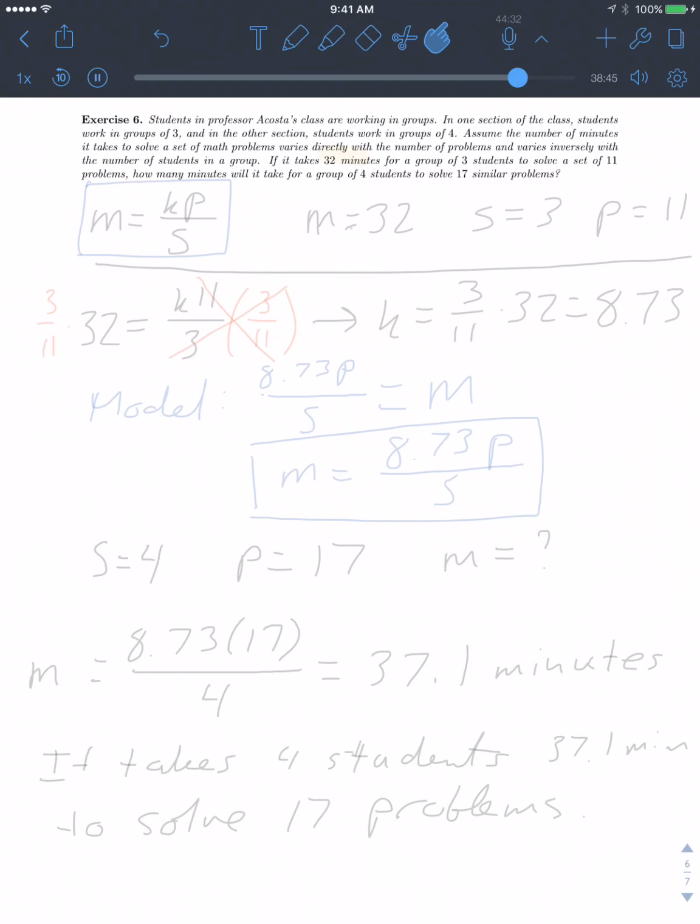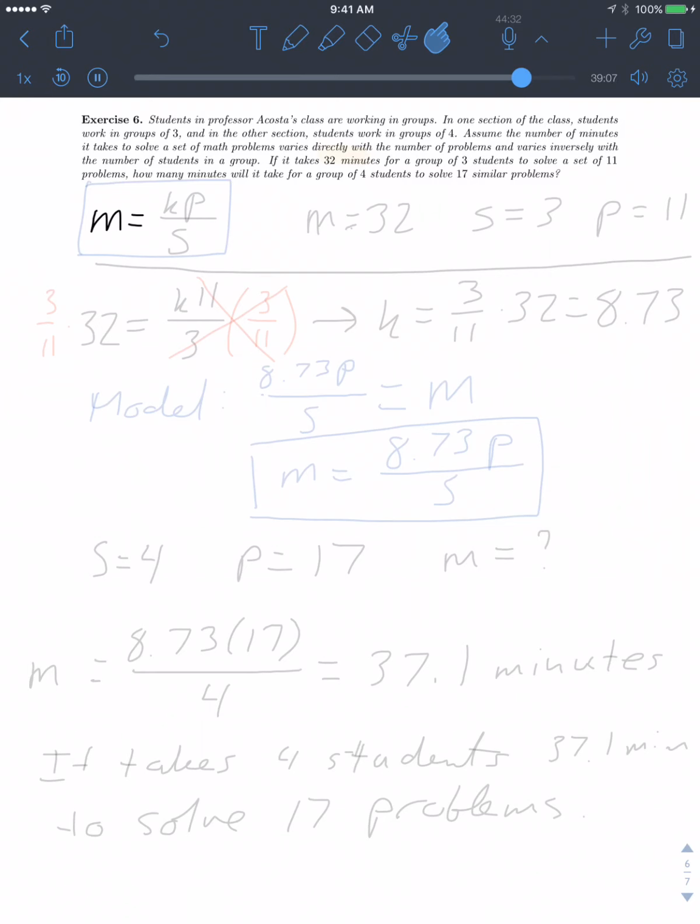So that's a lot to take in, for sure. What we know is that we have combined variation. We're told that the number of minutes, we could call that m, varies directly with the number of problems assigned, right? The more problems you have, the longer it should take you to solve them.